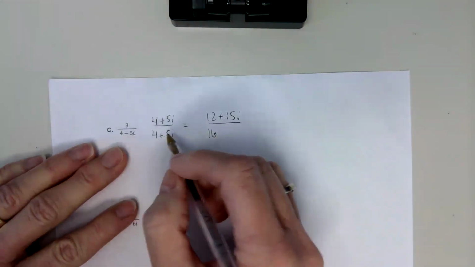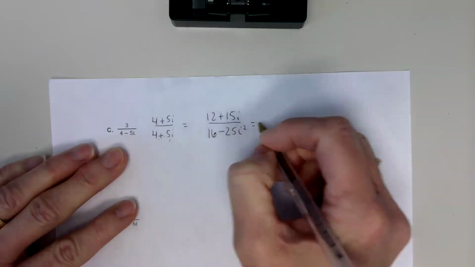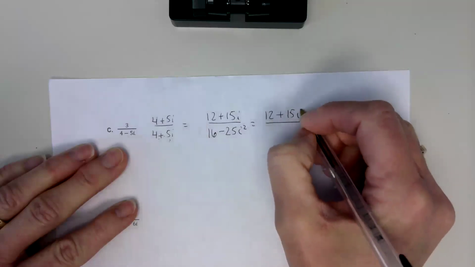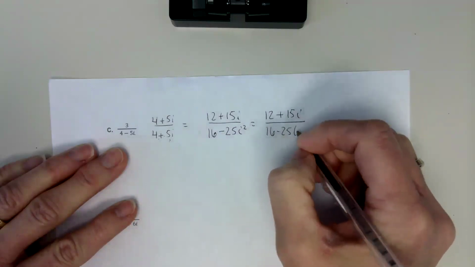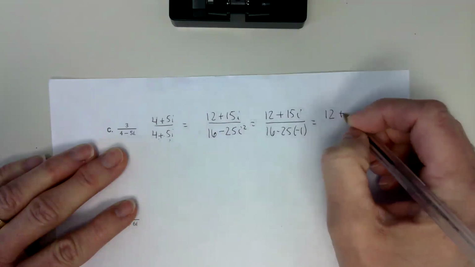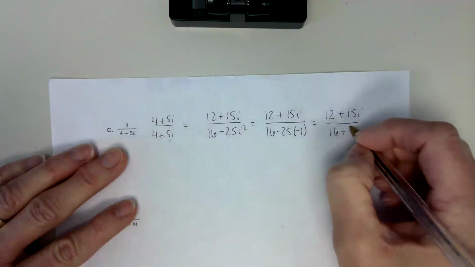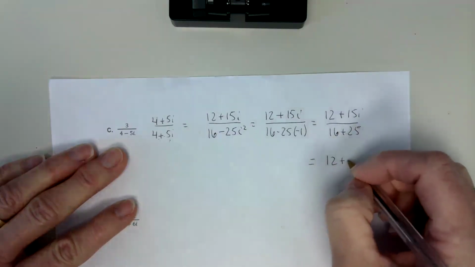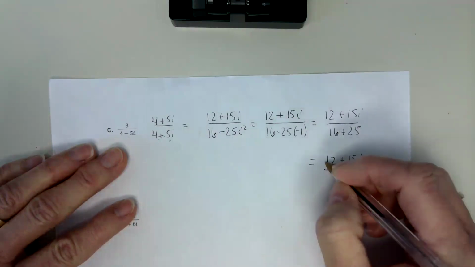And we have a negative times a positive, so a negative 25i squared. The top is already simplified. The bottom is 16 minus 25, and i squared is a negative 1. And so it's 16 plus 25. So this simplifies to 12 plus 15i over 41.